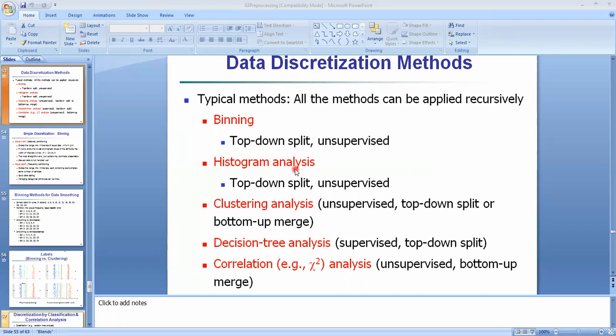The third method is clustering analysis. It can be a top down split or a bottom up merge, and it is also unsupervised.